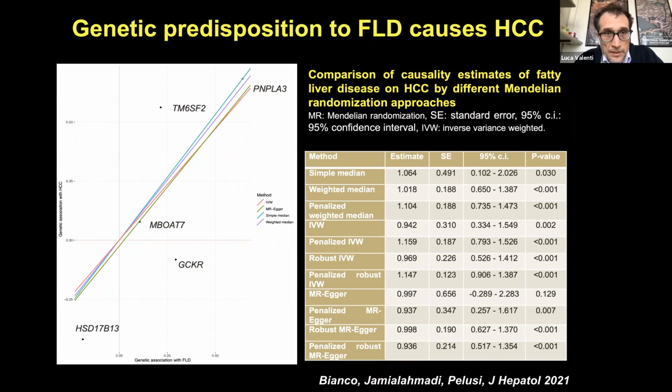You can see that again there is a direct and linear relationship between the impact on the risk of fatty liver disease and the progression to hepatocellular carcinoma, which is also partially independent of the effect of liver fibrosis.